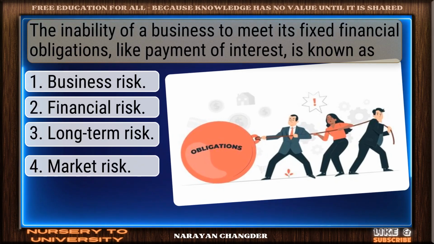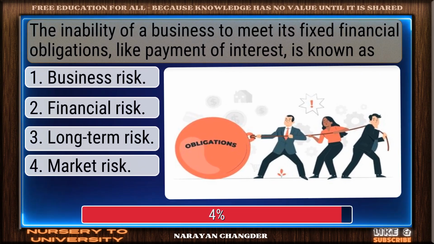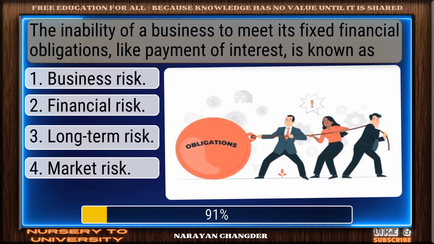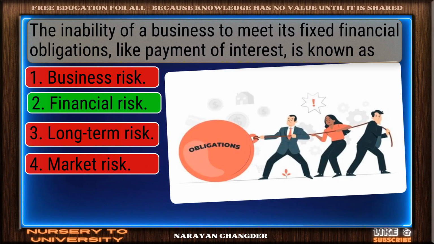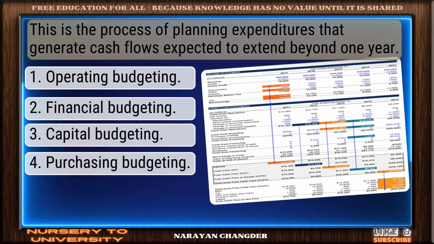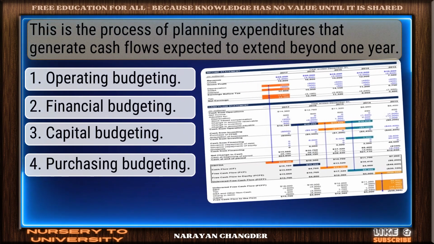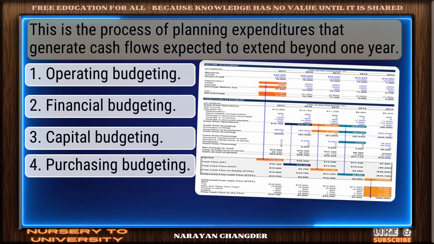The inability of a business to meet its fixed financial obligations like payment of interest is known as. You chose financial risk, and it is correct. This is the process of planning expenditures that generate cash flows expected to extend beyond 1 year.